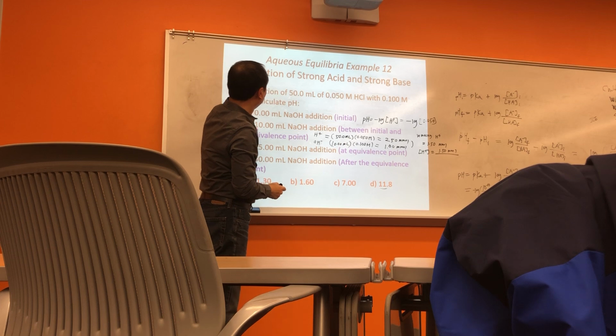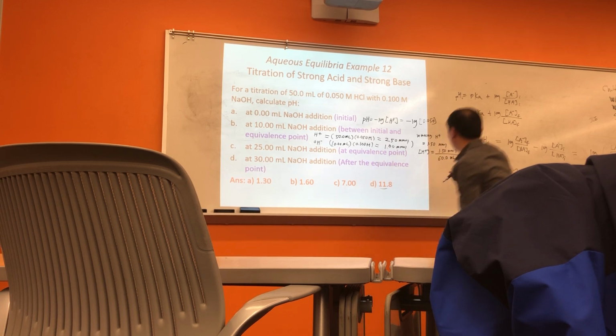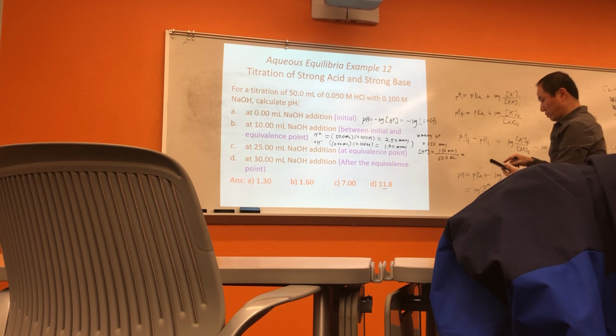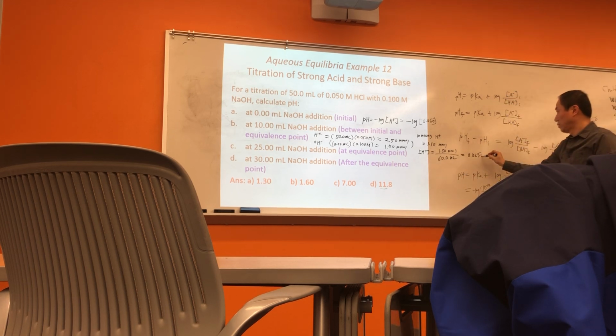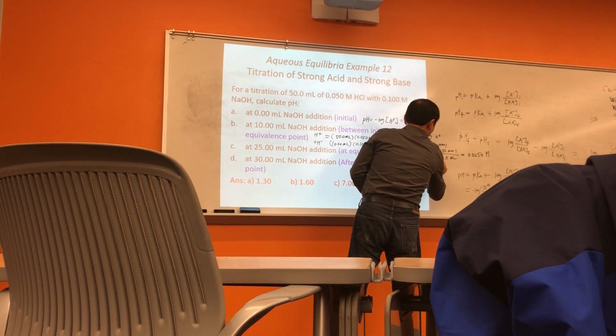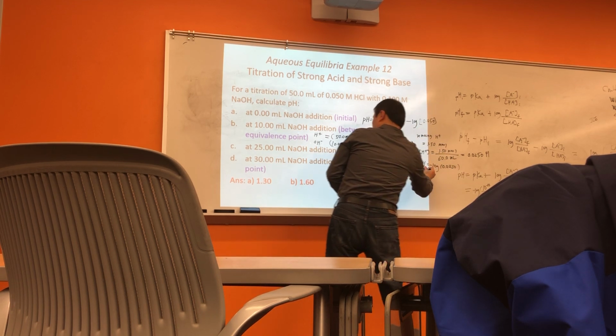You're adding 10 milliliter to 50, so there is 60 milliliter. So you have concentration 1.5 divided by 60. So pH is negative log of that number, and it becomes this.